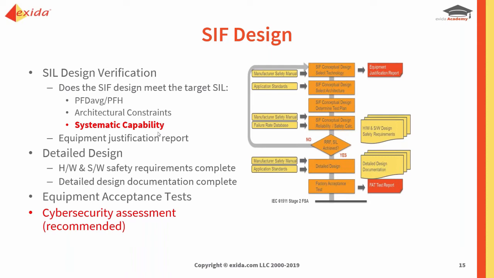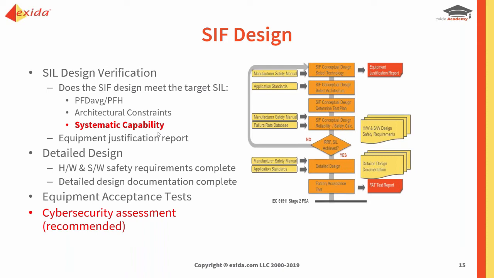So all of that is analyzed during the product certification. So there's a confidence level, and that's why when you look at a certificate, it'll say it has a systematic capability of SIL 2 or SIL 3 or SIL 1 or whatever it is.